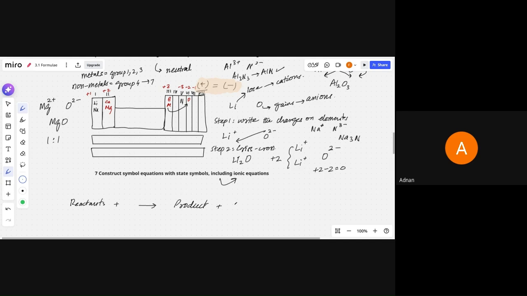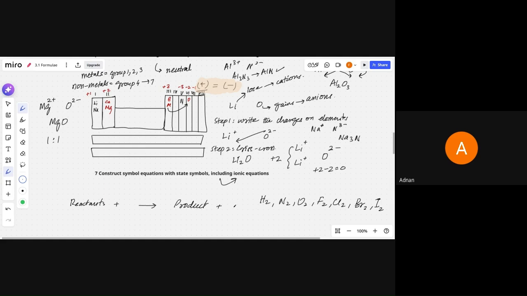You must pay attention to the diatomic molecules: H2, N2, O2, F2, chlorine Cl2, bromine Br2, and iodine I2. These are all the diatomic molecules.